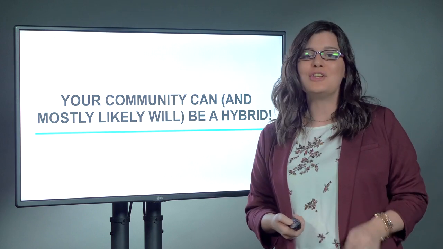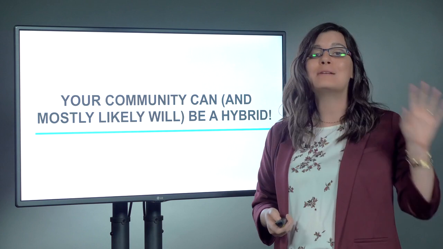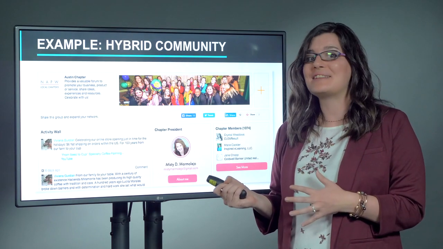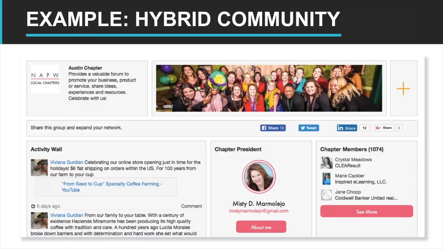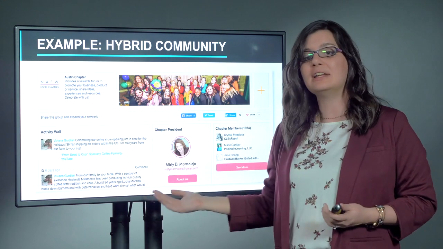Now, it's important to know that your community can and most likely will be a hybrid of different community types. So let's look at an example of a hybrid community. This is the Austin chapter of the National Association of Professional Women. So their demographic is women, and they address several different types of community here.